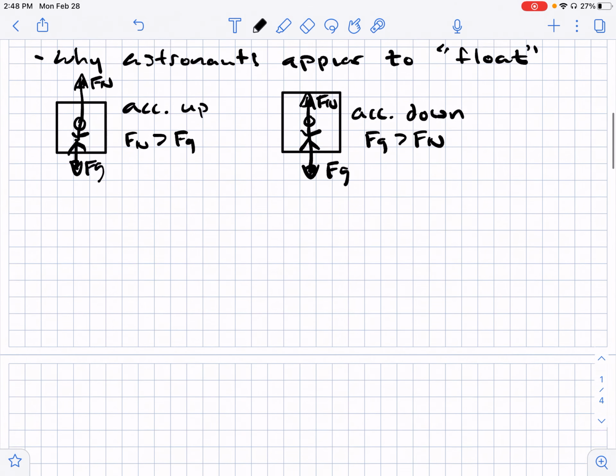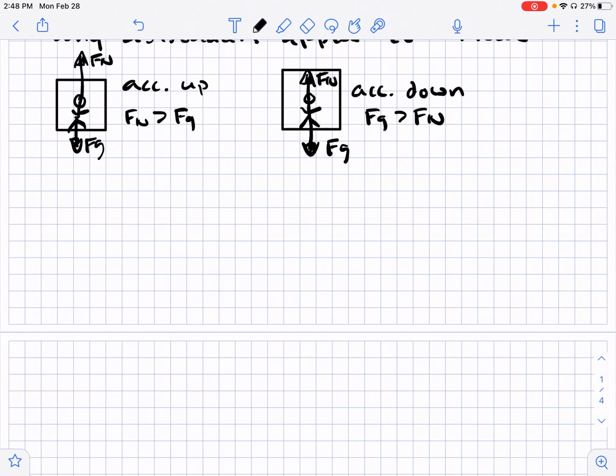And now lastly, let's look at another scenario. Let's draw our elevator. Now you're in the elevator and the cable breaks and the elevator starts to fall, and that would be what we call free fall.